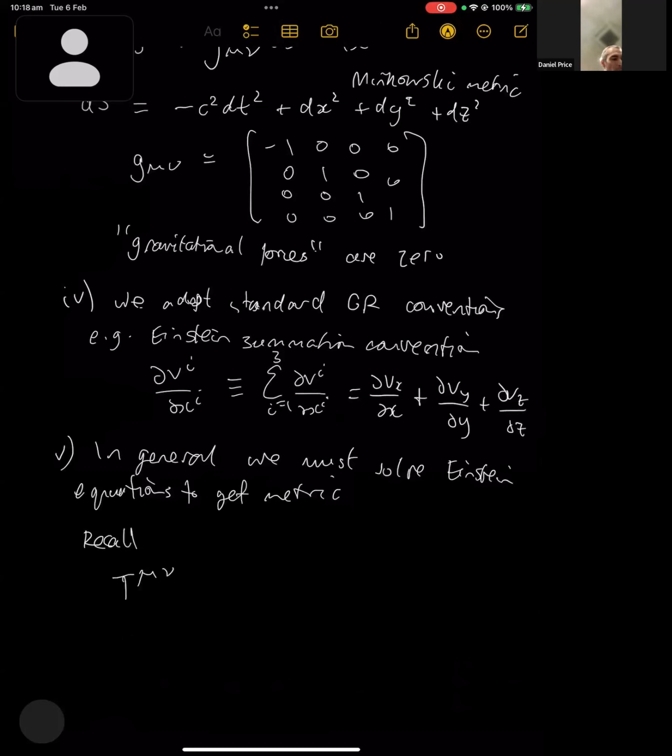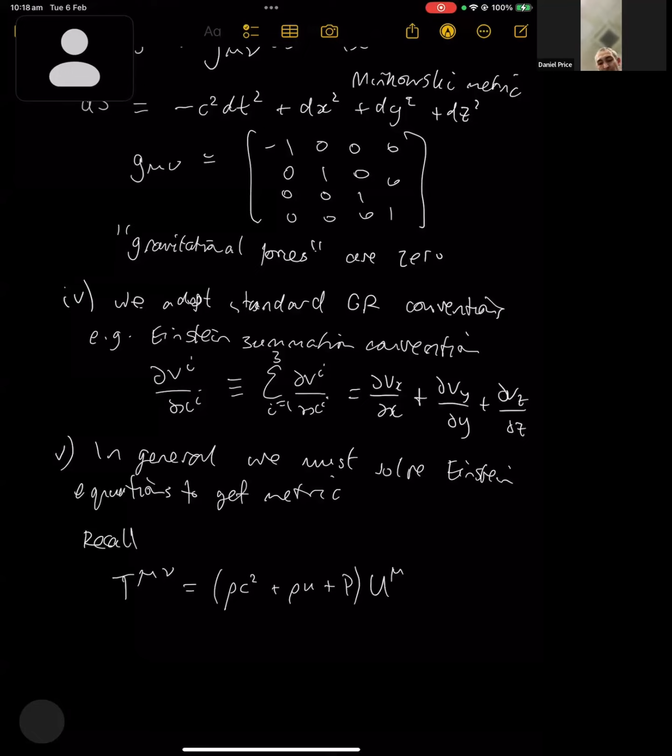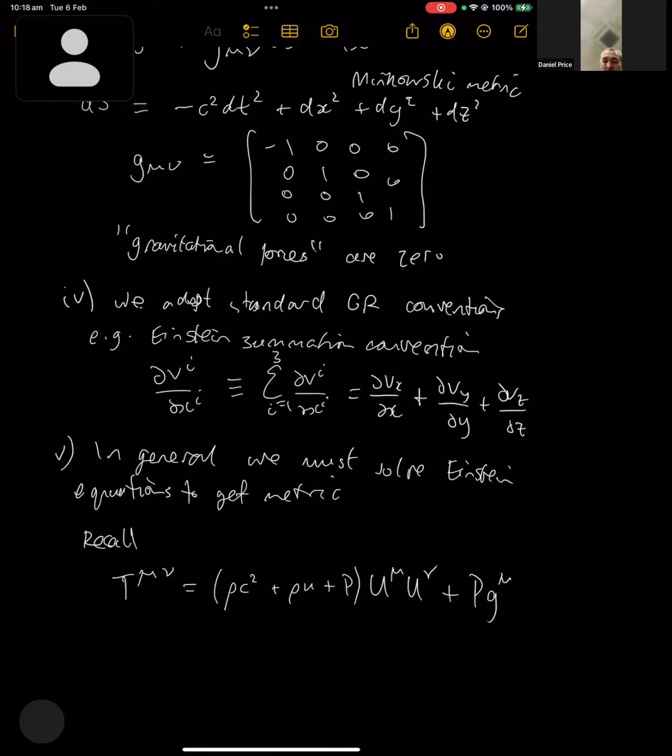So for a perfect fluid, T mu nu is given by basically rho c squared plus rho u plus p. u is the internal energy per unit mass, and this thing is the four-velocity, and p is the pressure times the spatial metric.